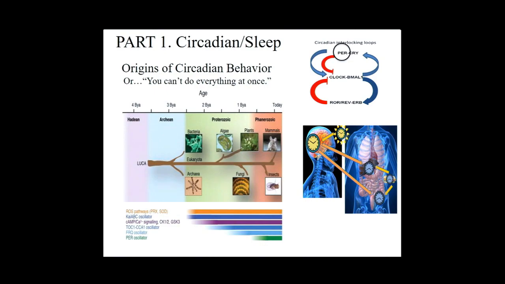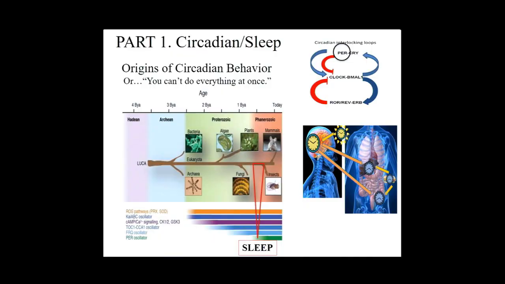And so what could go wrong? Lots of various things. And what could go right? So sleep in this schema here probably came out between 500 and 250 million years ago and developed as a state.